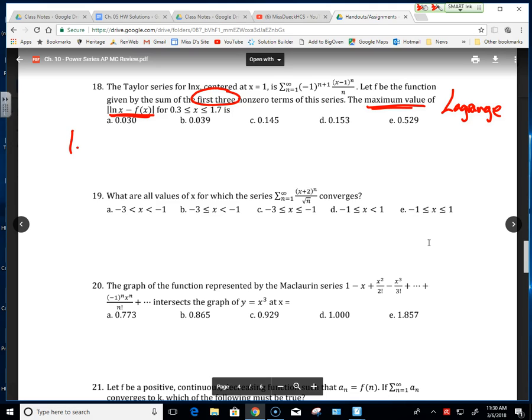I get 19. What's wrong with that? This is Lagrange. Good job, Chuck.